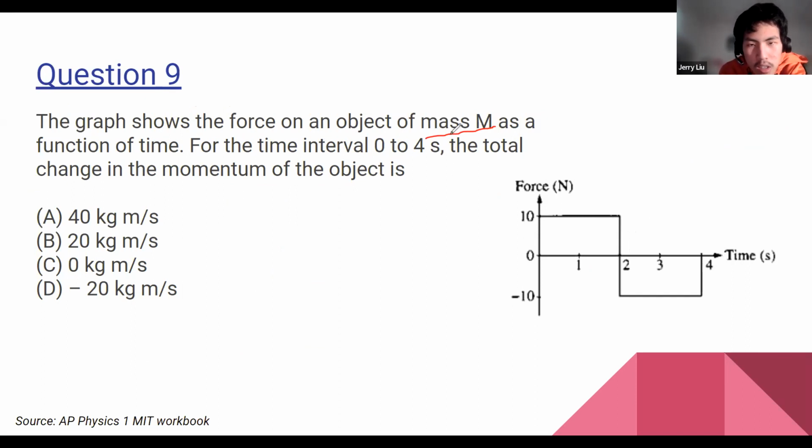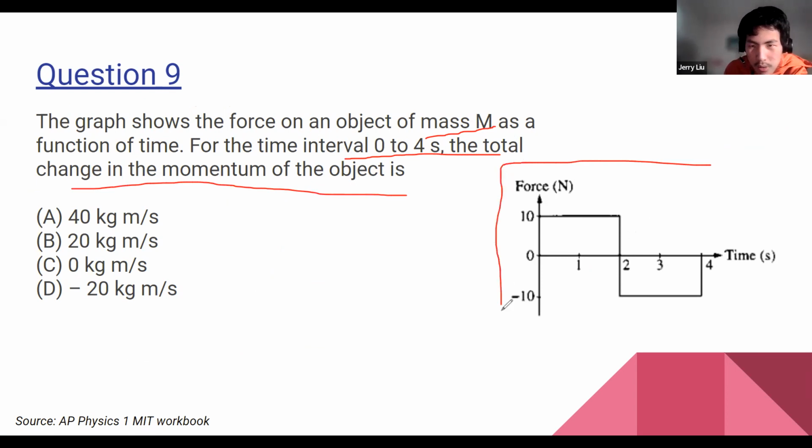So even though this is quite irrelevant, they are asking you what is the total change in momentum, or what is the total impulse of the object from this graph from 0 to 4 seconds. So this is basically, you're trying to find the area of these two rectangles.